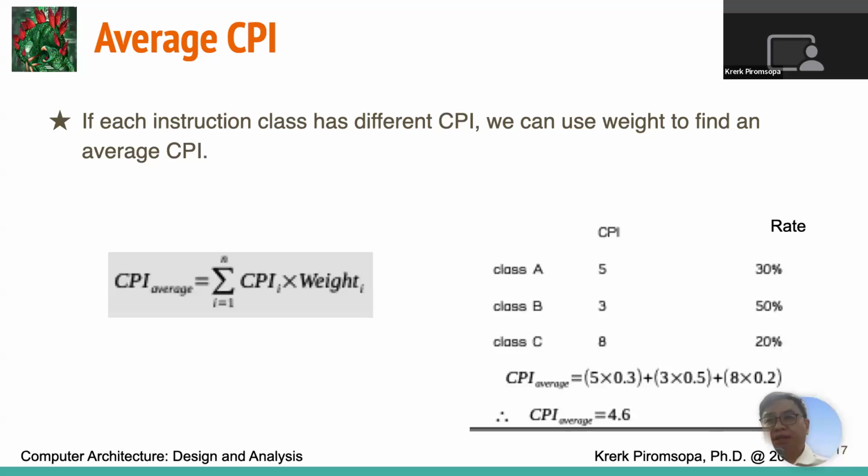But in reality, it's not always like that. We do not have just 1 cycle per instruction. Some instructions would take 5 cycles, some may take 3, some may take 8. Another way to do it is to use the average CPI.